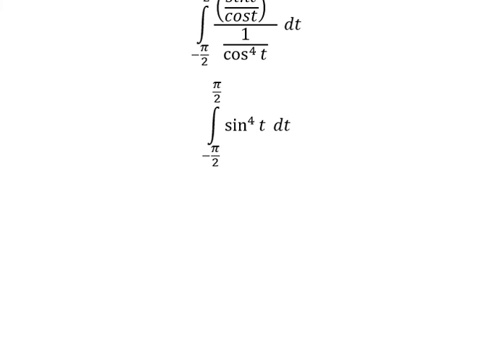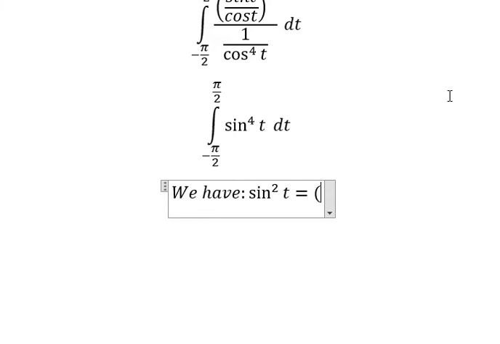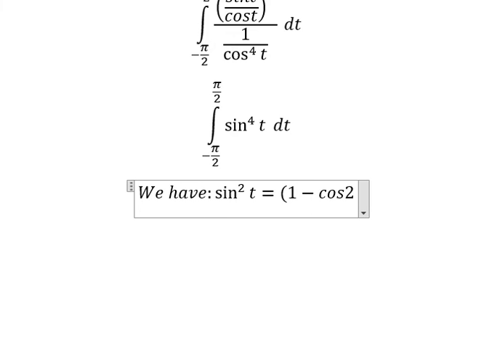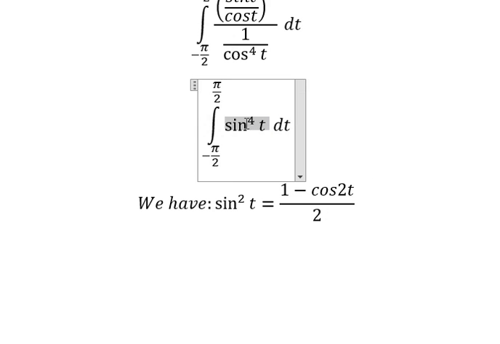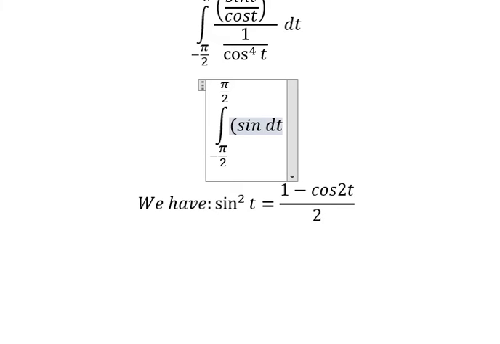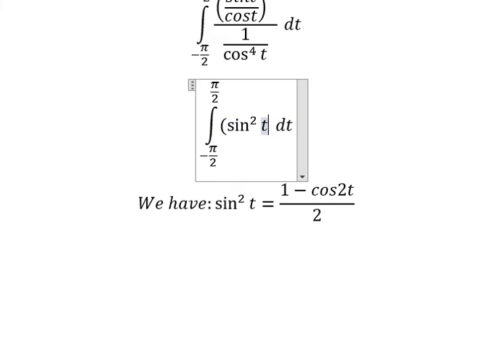Next, we have sin t squared equals 1 minus cosine 2t over 2. But this one is about sin t to the power of 4. We can change into sin t squared, to the power of 2.